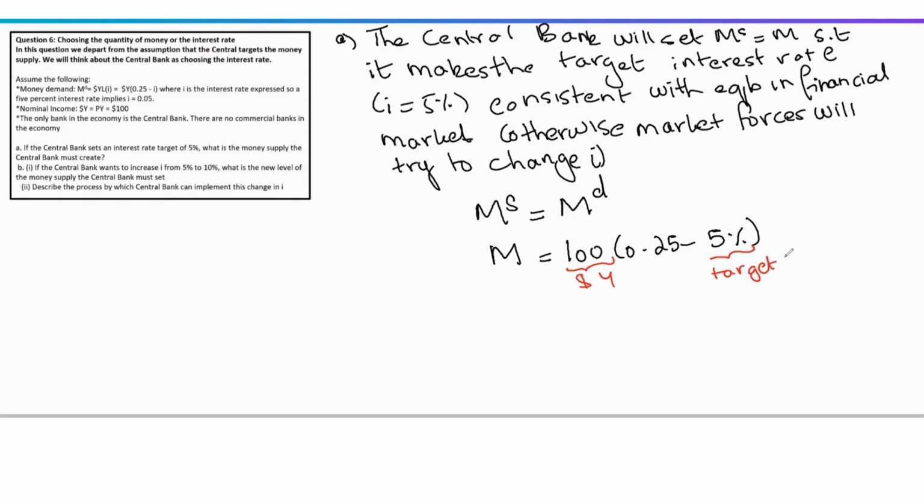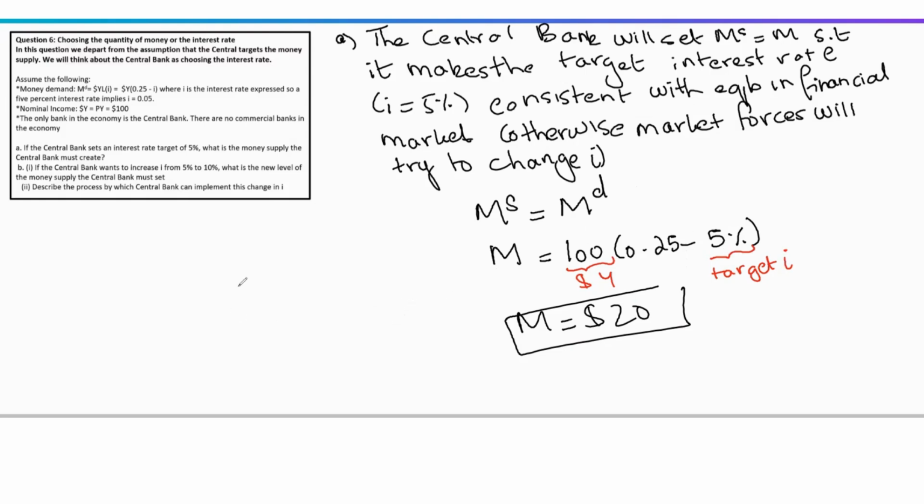And you want to set the money supply M such that this target interest rate is consistent with the equilibrium where money supply is money demand. And from here we can solve for M, which is $20. So if the central bank chooses this money supply, then we know the equilibrium interest rate in the financial market will be equal to the target interest rate of 5%.